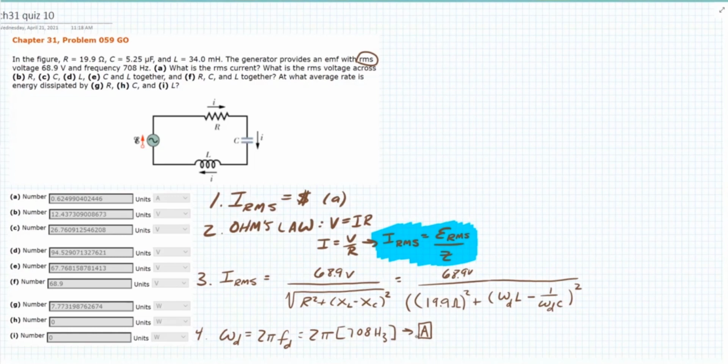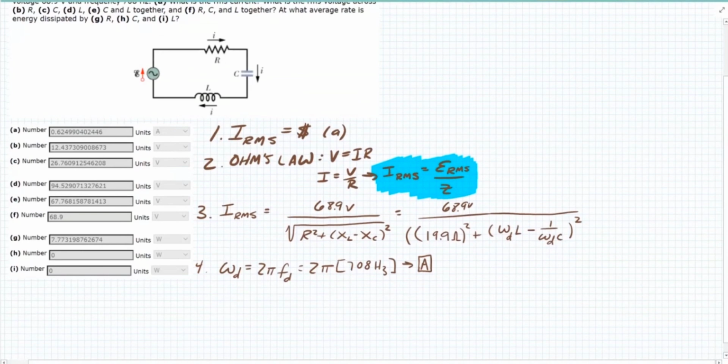Okay. So now what I can do is number 5. Here's my average current, not my peak current, but my average current.